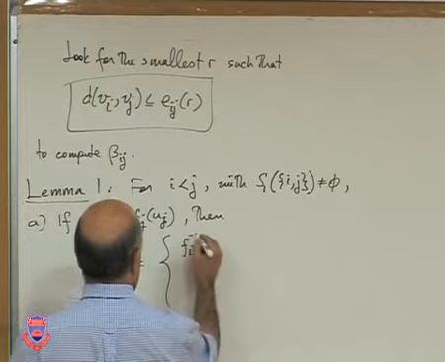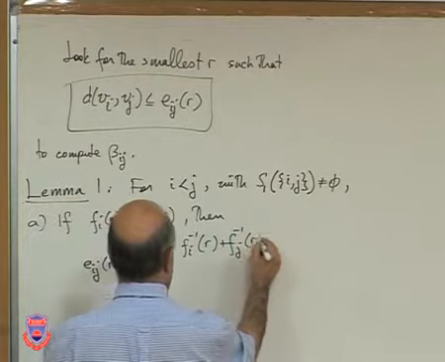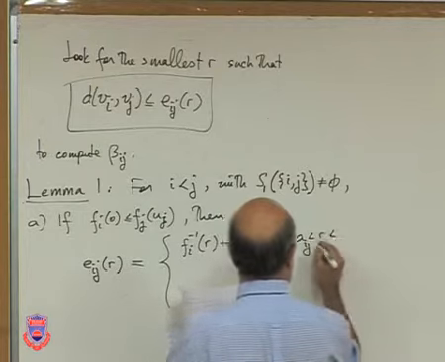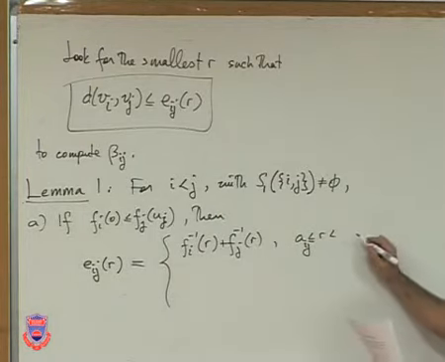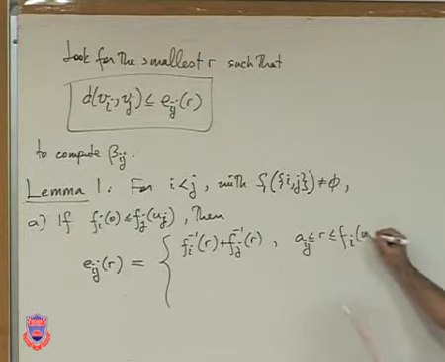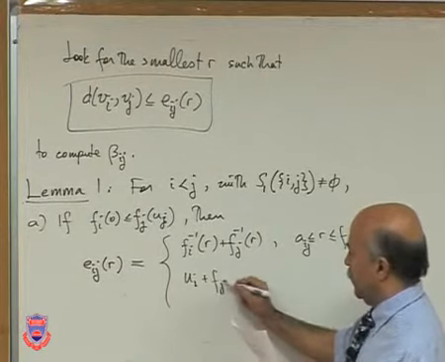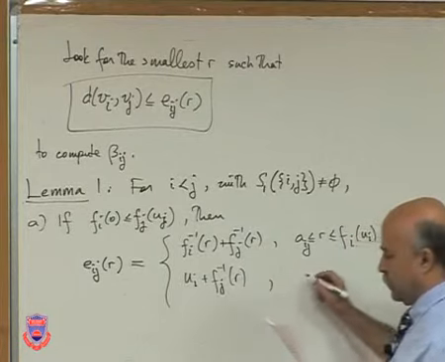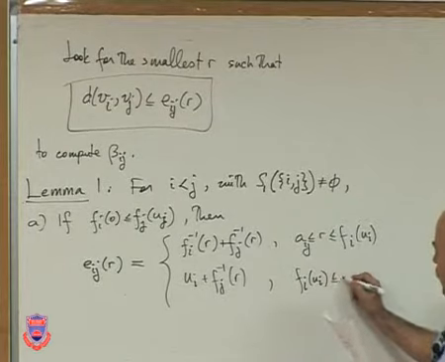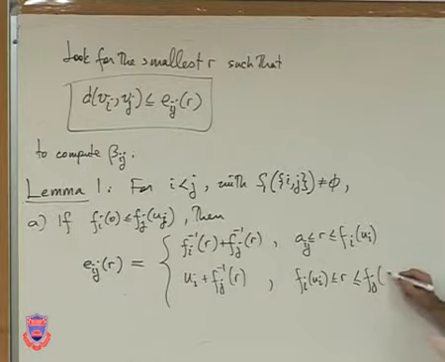It's going to be Fi inverse of R plus Fj inverse of R whenever R is in the range from Aij to Fi of Ui, then it becomes Ui plus Fj inverse when R is between Fi Ui and Fj Uj.